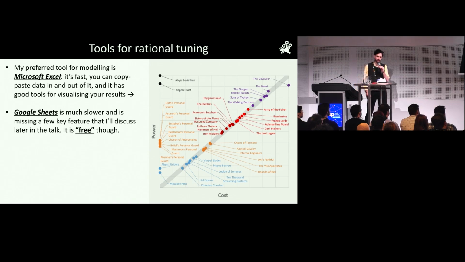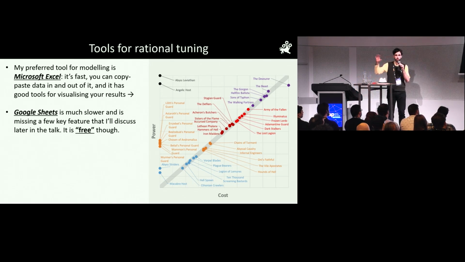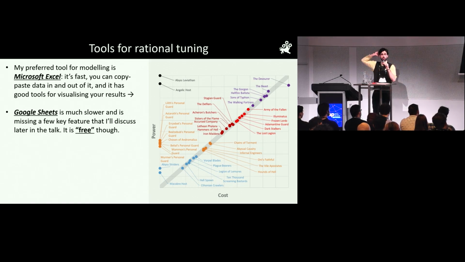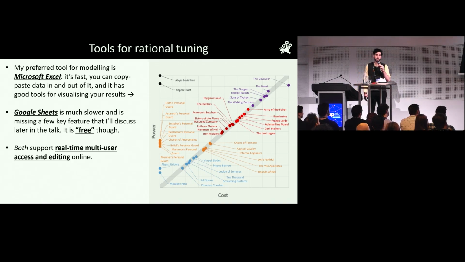We use Google Sheets and Excel at League of Geeks. Google Sheets is a lot slower, and it's missing a few key features that I'm going to talk about today, but it's free, and it's really easy to have multi-user editing and a spreadsheet that's accessible by everyone with Google Sheets. I would, of course, argue that Excel also supports this, but it's a little bit tricky to set up.